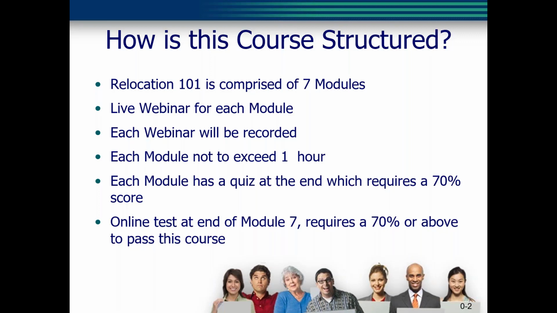You may retake the quiz if needed. Once you have successfully passed all 7 modules, you will be provided with access to the final exam for Relocation 101. You will be sent instructions on how to access it. You must receive a 70% or better to pass the Relocation Assistance 101.